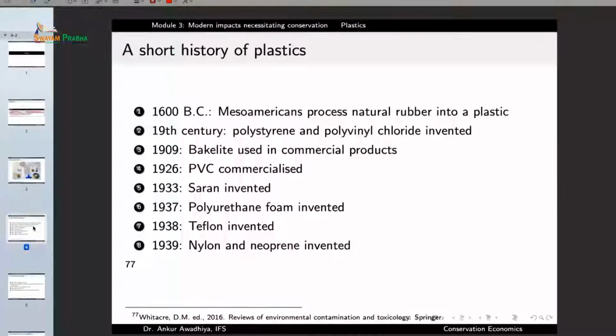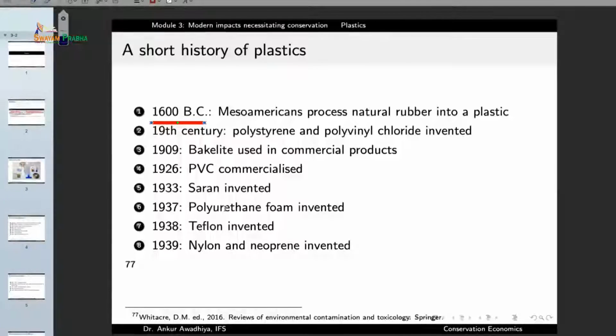So they used to play with this ball, and the history of plastics is as old as 1600 BC. Then in the 19th century, polystyrene and polyvinyl chloride were invented. And the 20th century saw the creation of a large number of plastics.